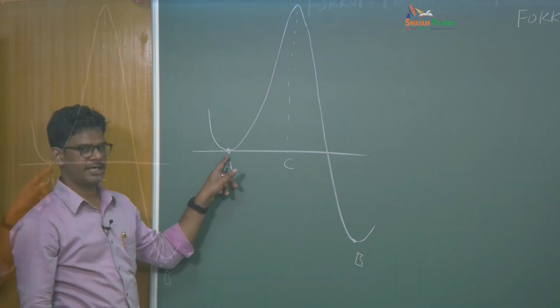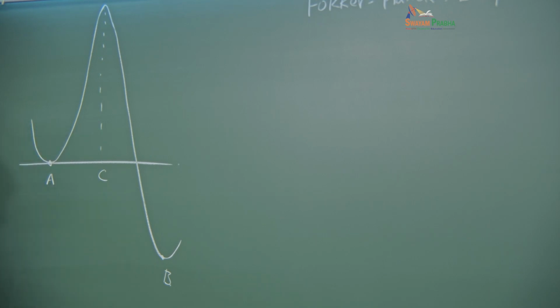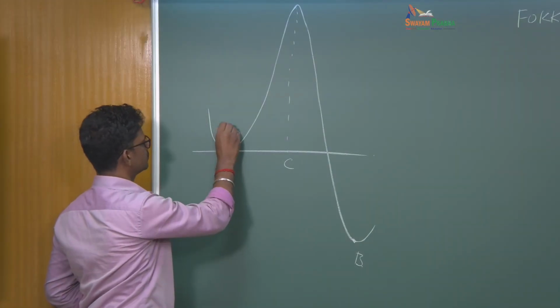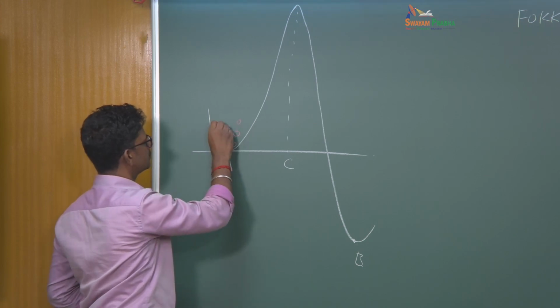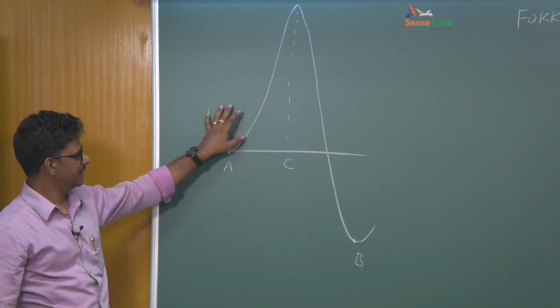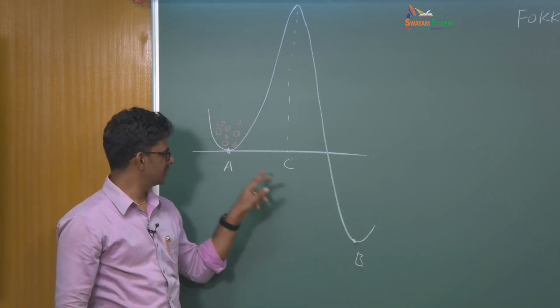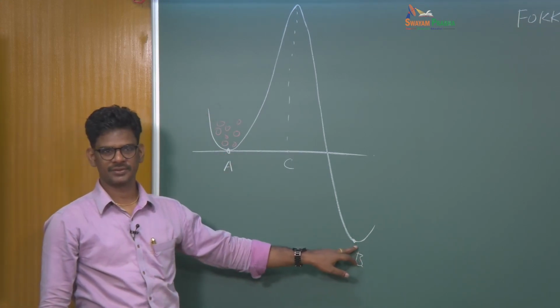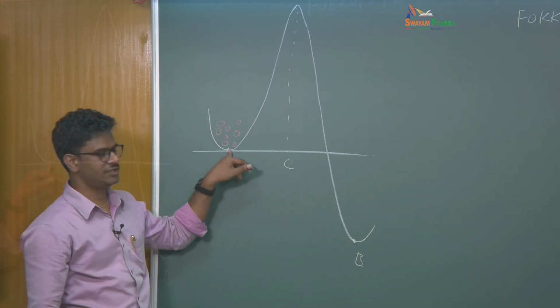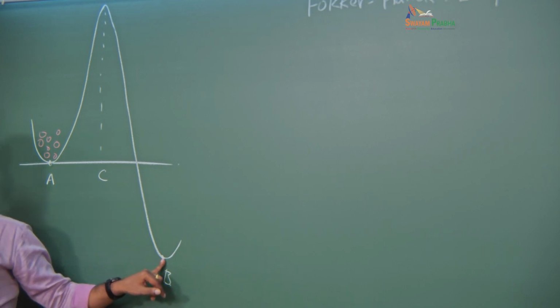So you start with a certain number of molecules here. This can be a reactant, and then there is another energy state which is lower than this energy. Okay, so here the y-axis is the potential energy. So if you consider this is 0, this is a negative value, so this is more stable.